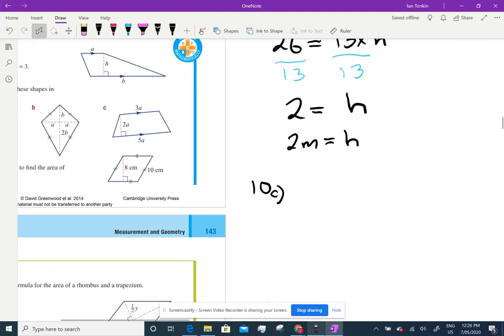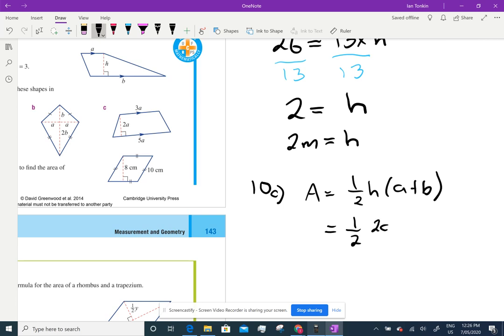Well, my formula, that's a trapezium. So area equals a half h(a plus b). Now, all they're telling you to do is put all the letters in. So what's the height? Well, the height is 2a. And that's 3a, one side, and the other side, 5a.